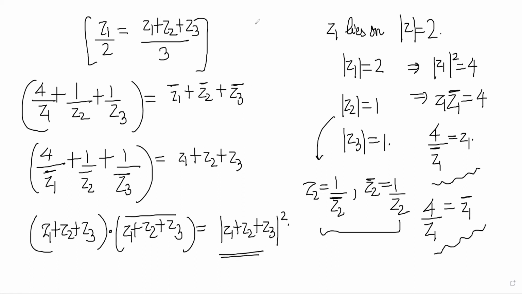Now, if you think about it, we have already established that mod of (Z1 plus Z2 plus Z3) by 3 is equal to 1 because it lies on the curve mod Z equals 1. So that means mod of Z1 plus Z2 plus Z3 is equal to 3. So the square of that will be equal to 9. So option A is also correct.